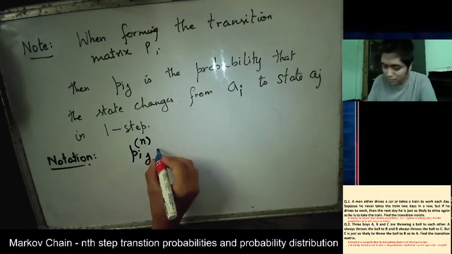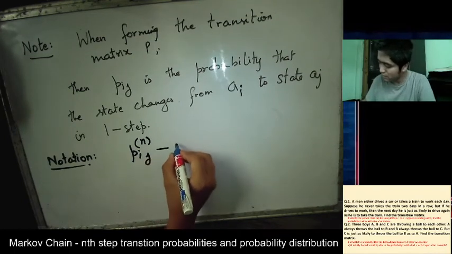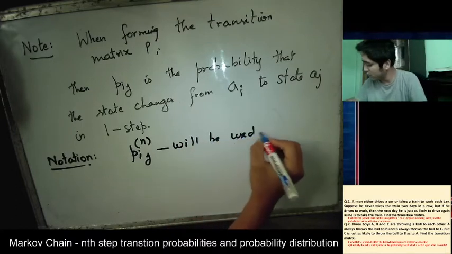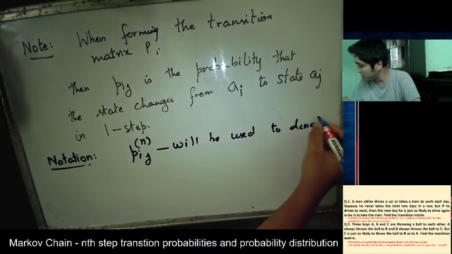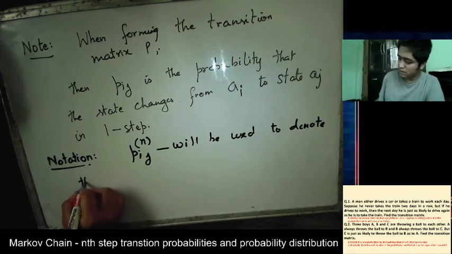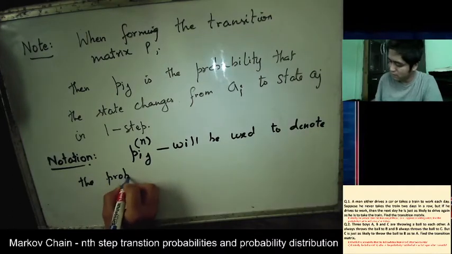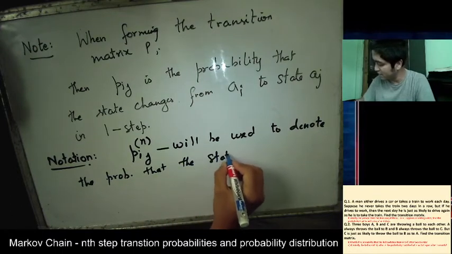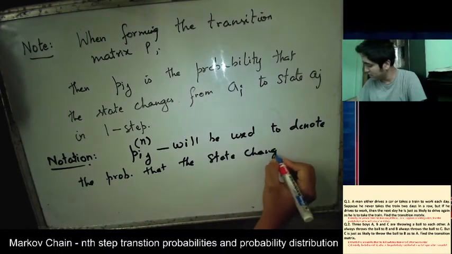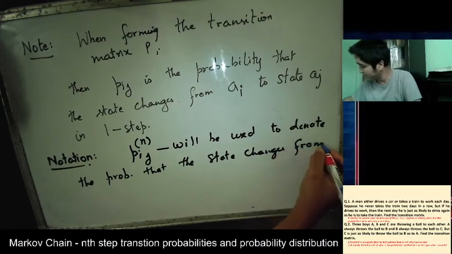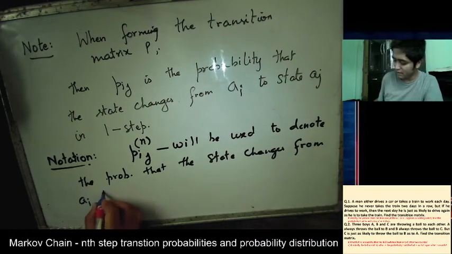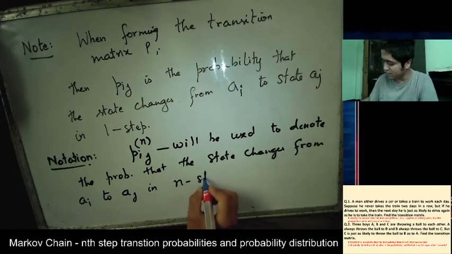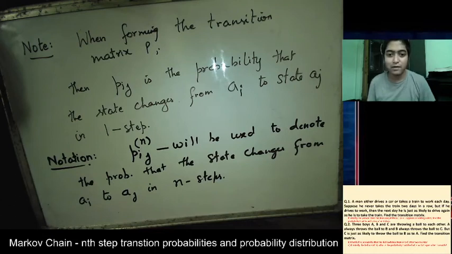This one will be used to denote the probability that the state changes from AI to AJ in n steps.